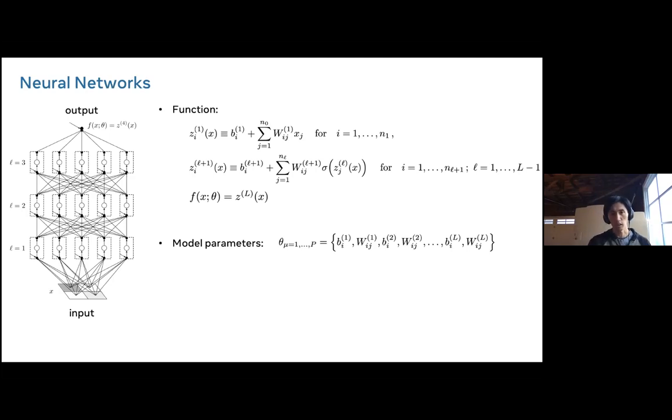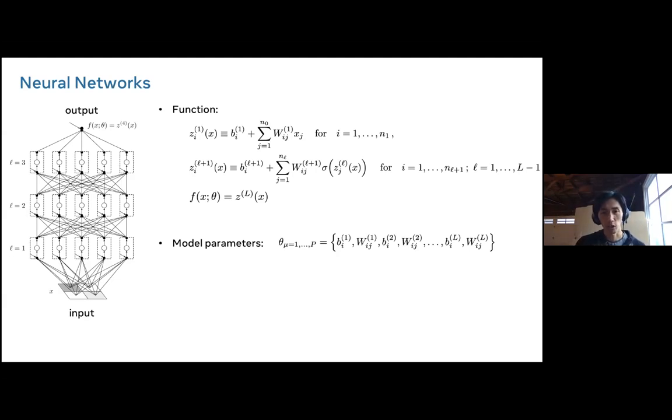So now this function F depends on these b's and w's, which are the model parameters I mentioned in the previous slide. In this case, theta, the model parameter, would be a very gigantic concatenated vector of biases and weights from all the layers, from the first layer to the L-th layer.